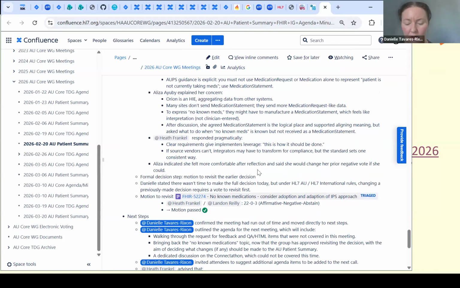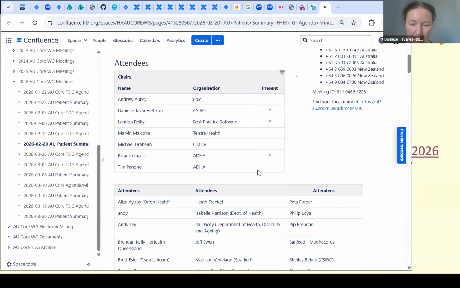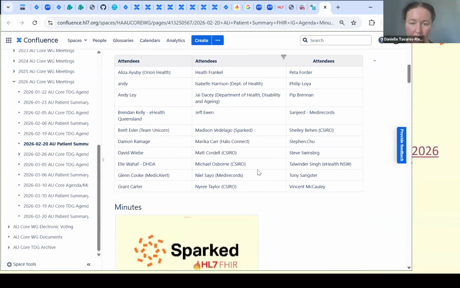Does anyone want any more time to review these before we look to approve? Let's go to attendees. All right, I'm not hearing any. So is someone happy to motion approval of the minutes of the 20th of February? I'm happy to motion, Shelley. Thanks, Shelley.